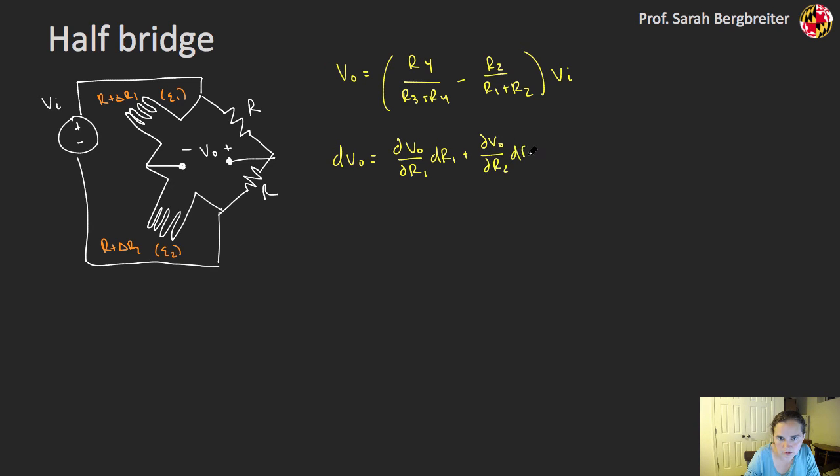So R2. Now in this case, my R3 and my R4 don't have delta R3s, those are 0, so these effectively are going to go away. And what I'm looking at are these two right here. And for those two, I'm going to use the knowledge that my delta Ri over Ri is equal to the gauge factor times my strain for that ith resistor, for that ith strain gauge.